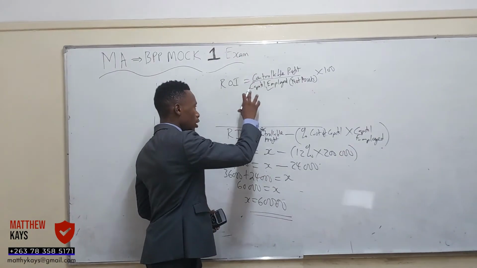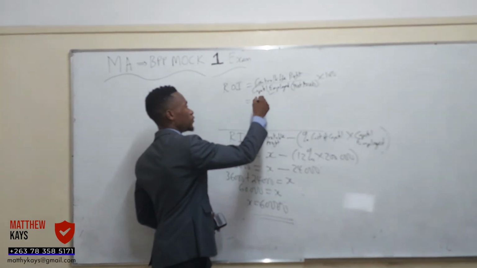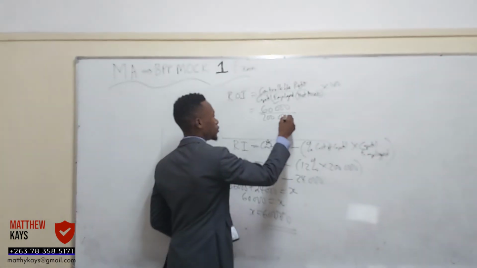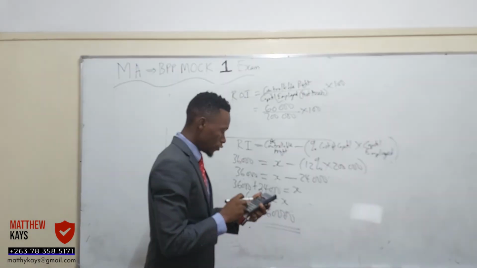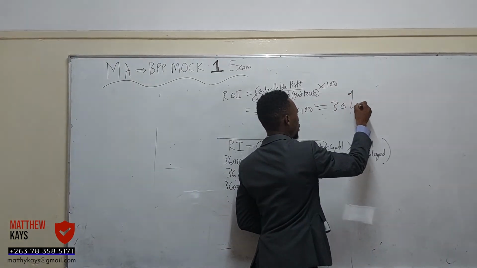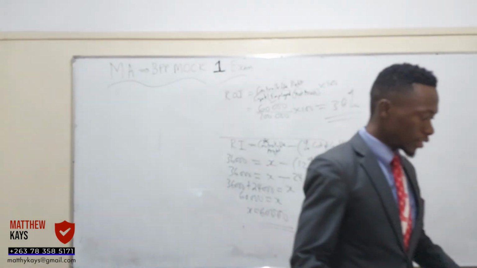Now we have the controllable profit, guys. So the controllable profit is now 60,000, capital employed 200,000, multiplied by 100. If you do the number crunching on your adding machine, what do you get? You get 30%. That's number 11.